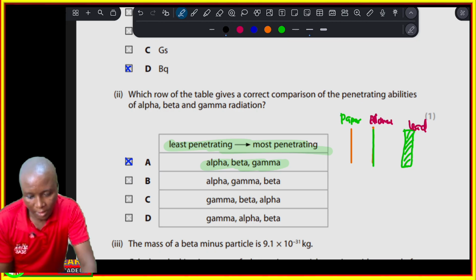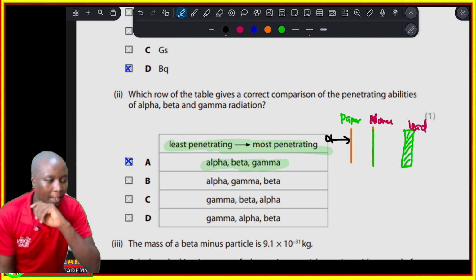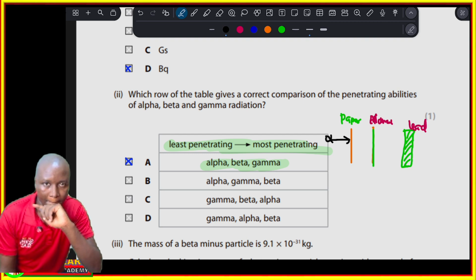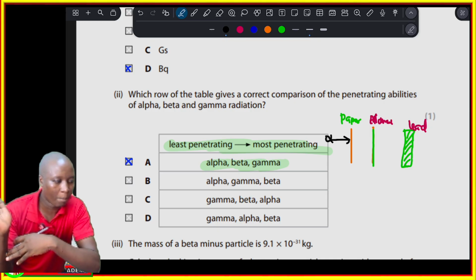Then it means if you have alpha particles, they can be stopped by paper. They cannot penetrate paper. Alpha particles have low penetrating power.